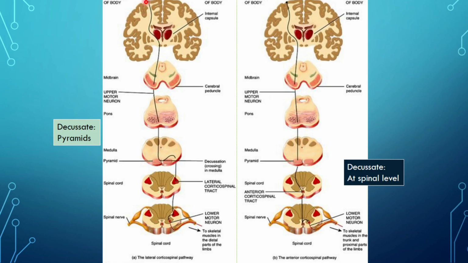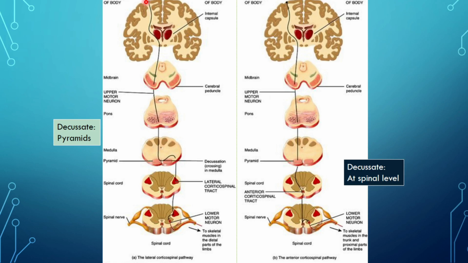If you remember that strip of cortex that we talked about earlier, which was the precentral cortex or the primary motor cortex, the impulse is going to start there.